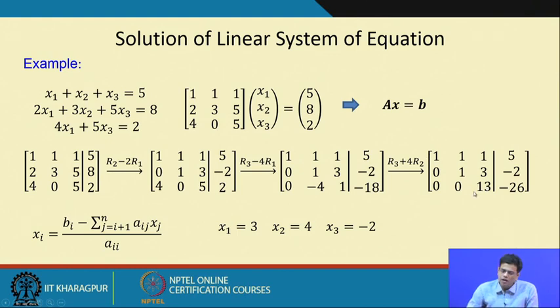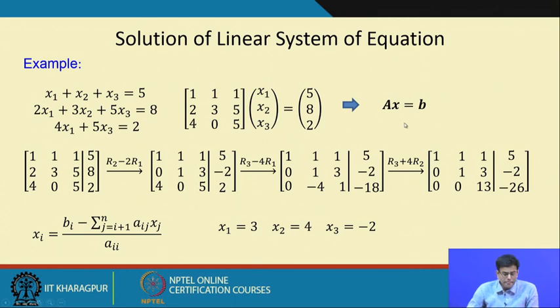So, now we can use backward substitution; this is the general formula for backward substitution. Using the general backward substitution formula, we find the solution for x1, x2 and x3. So, Gaussian elimination is essentially connected with the Gauss-Jordan process, in which we stop early once we reach the triangular form of the matrix.